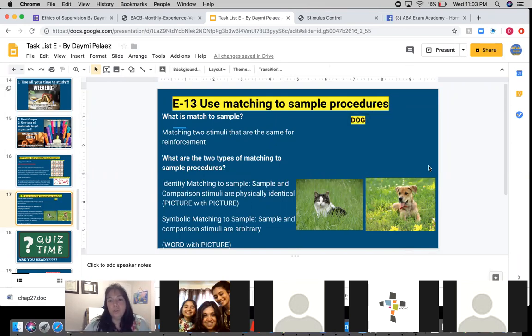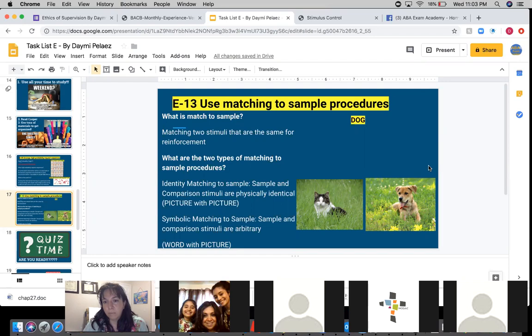And that is reflexivity, isn't it, Dean? Yeah. So basically, matching to sample and stimulus equivalence kind of go hand in hand, but I still have to learn more on stimulus equivalence. Well, the word with dog, that would be symmetry. The picture would be reflexivity. In order for that to be symmetry, you have to do the picture to the word, then the word to the picture.